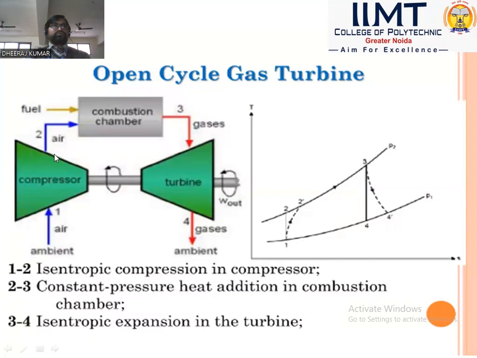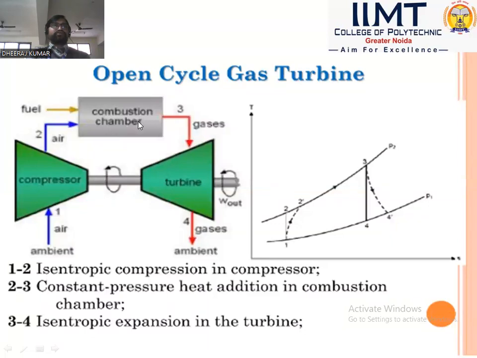Process 1 to 2 is a reversible adiabatic compression process. The air is compressed by the compressor, so the pressure and temperature of the air increase. High pressure and high temperature air is supplied to the combustion chamber, where fuel is sprayed and burned. Process 2 to 3 is a constant pressure heat addition process.